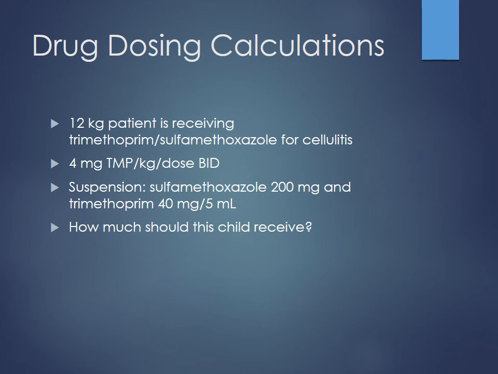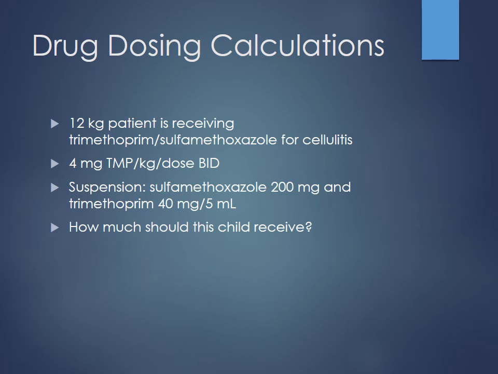Okay, let's say we have a patient with cellulitis, and we want to give him some trimethoprim sulfamethoxazole. Do you guys know the brand name for that? Bactrim, yep. So we're going to give some Bactrim for this 12 kilogram patient. This is an interesting one. With some drugs, you will dose based off of a specific component. With Bactrim, you dose based off the trimethoprim component.